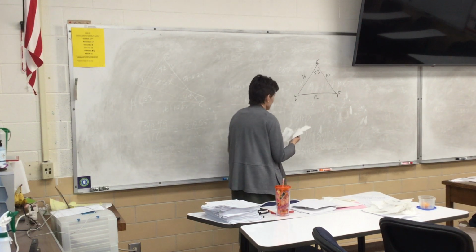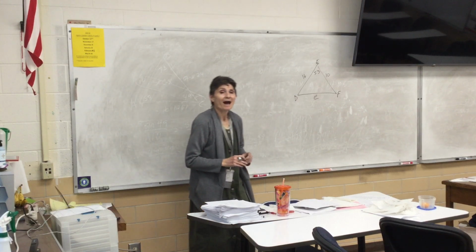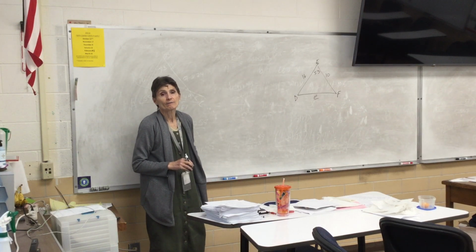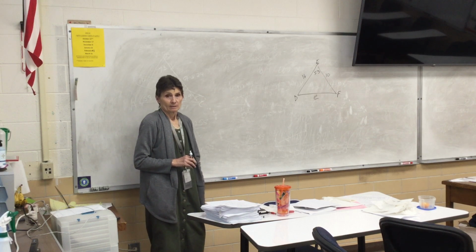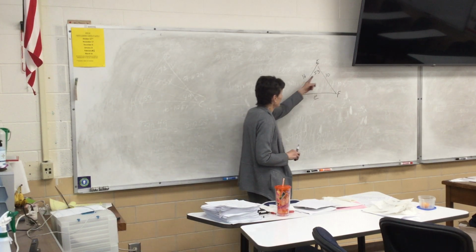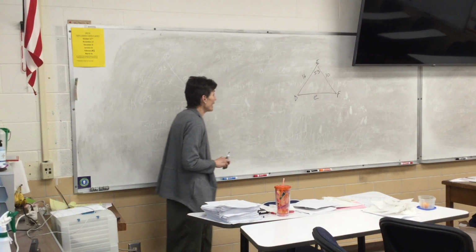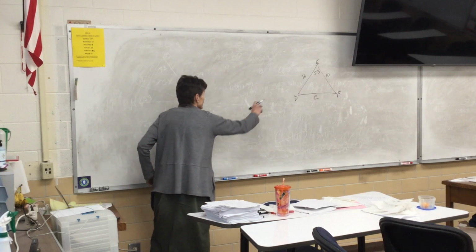Okay, so what do you think? We cannot use the law of sines. We don't have a pair. Can't do it. So we're going to have to use our law of cosines.